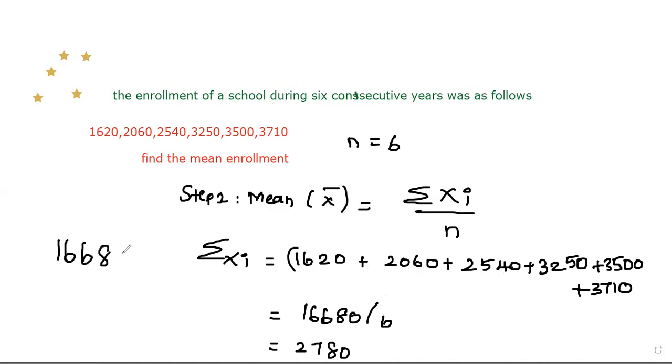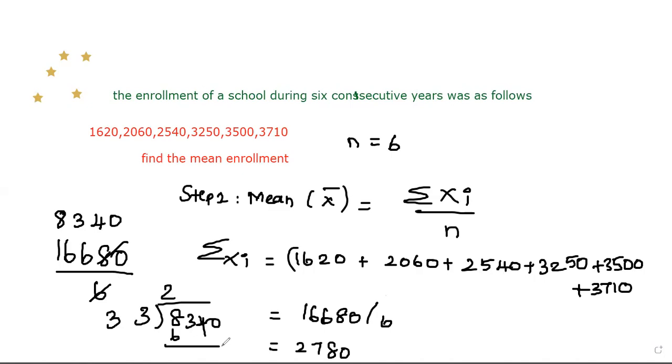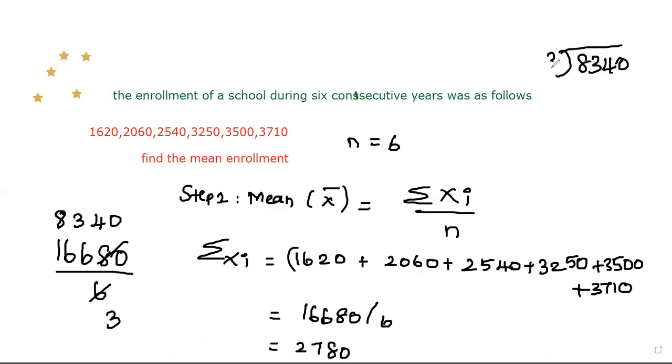Let me show you how to divide. Both are even. You can simplify them by 2 first. You will have 3 here, 8340. So now you have to divide this 8340 by 3. 2 3s are 6, remainder is 2.